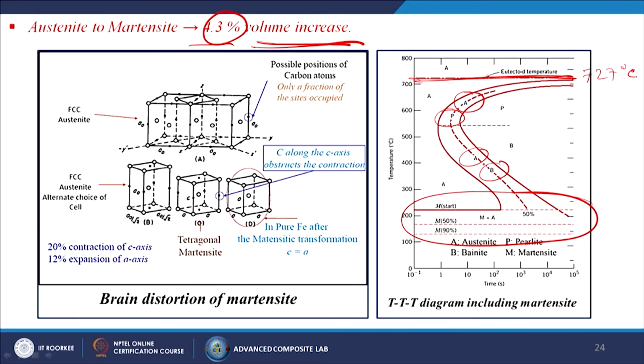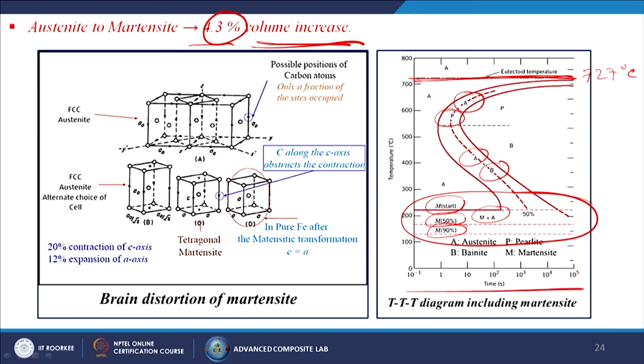In this particular case you can see that at lower temperature, because I told you that from higher temperature to lower temperature the martensite formation takes place. So, at more than 200 degrees centigrade the martensite starts; below that the martensite is 50%, and just above 100 or 120 degrees, martensite is 90% present, and this zone is martensite plus austenite.